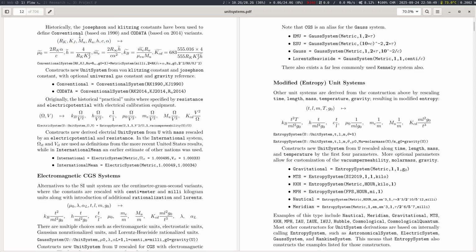In 1990, they took these measurements of the Klitzing constant and the Josephson constant, and then we can also pick the molar mass constant and the molar gas constant and the Planck constant and the speed of light and so on. If you take these, then we can construct the vacuum permeability and the Boltzmann constant and the electron mass and so on. And that's how these systems were constructed in 1990 or in 2014.